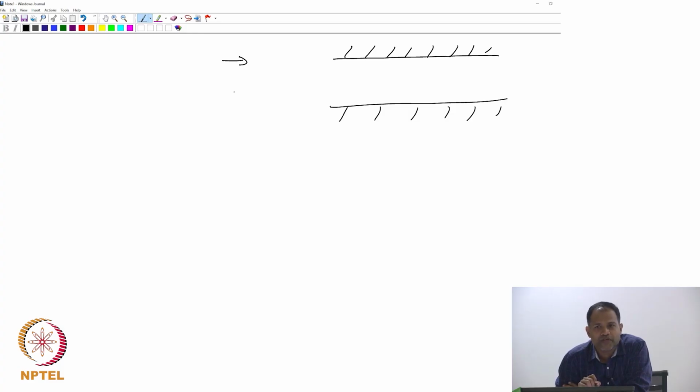So what do I mean by velocity profile? Can somebody say what is velocity profile? So velocity variation. When you want to plot velocity as a function of distance, that is what you call velocity profile.